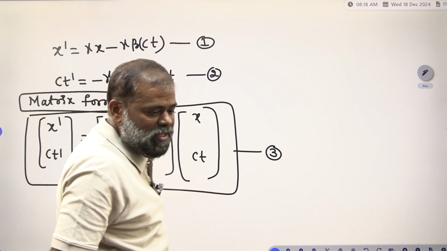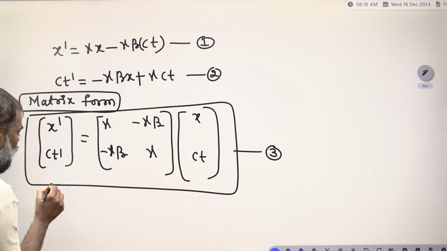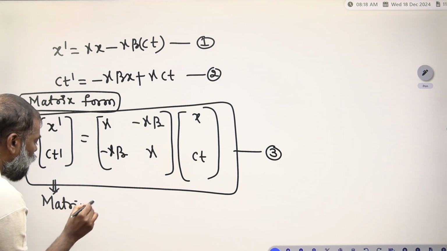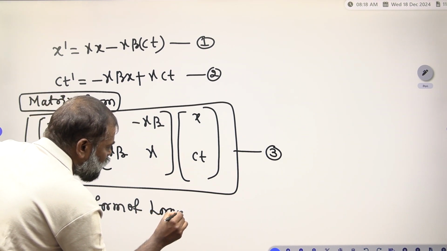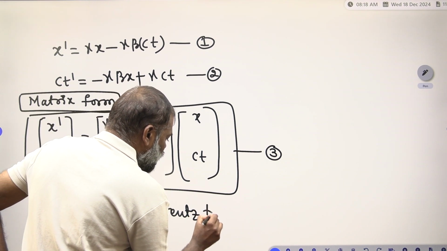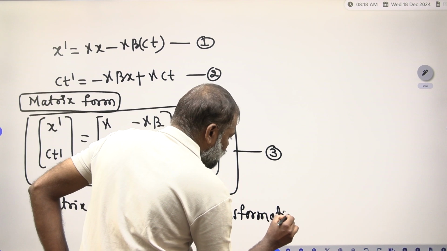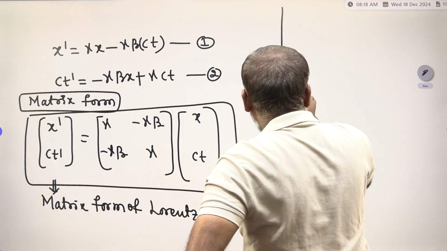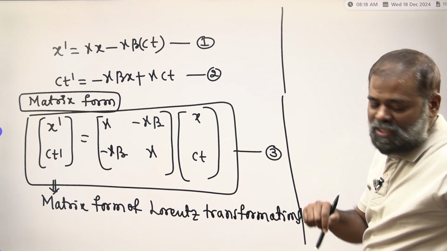This equation number 3 we call the matrix form of the Lorentz transformation. Not only this, similarly you have to take the matrix form of the Lorentz inverse transformations.